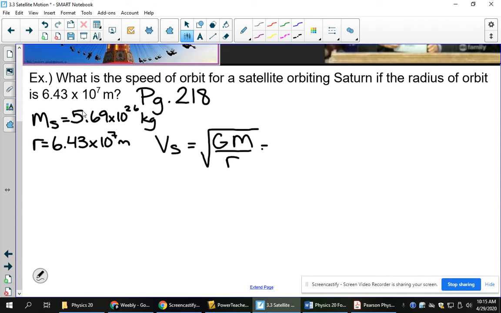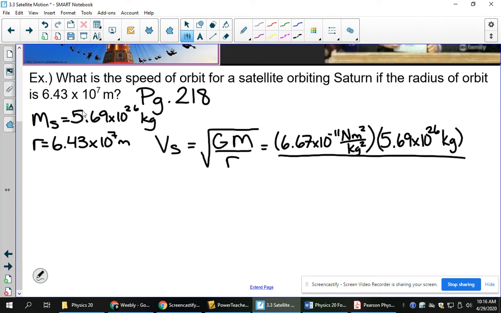I am going to sub in my G value from the formula sheet. It's that 6.67 times 10 to the negative 11 number. Remember, the units are quite disgusting, really. Newton meter squared per kilogram squared. Then I'm going to times by the mass of Saturn, the thing that is being orbited. I'm going to divide by the radius of orbit. And remember, all of these things have to be in the proper units.